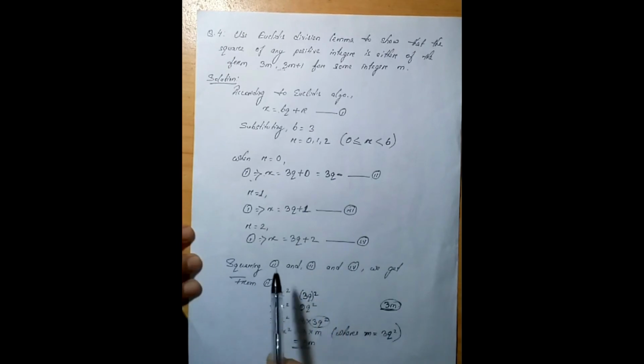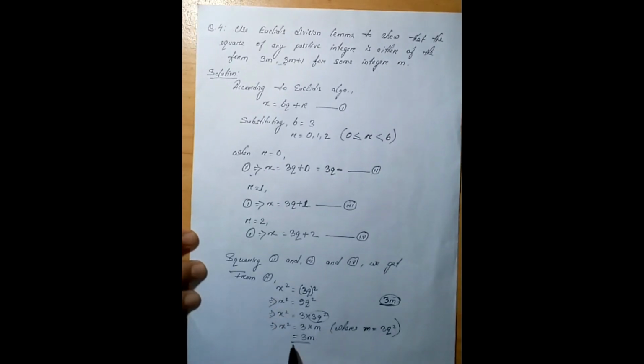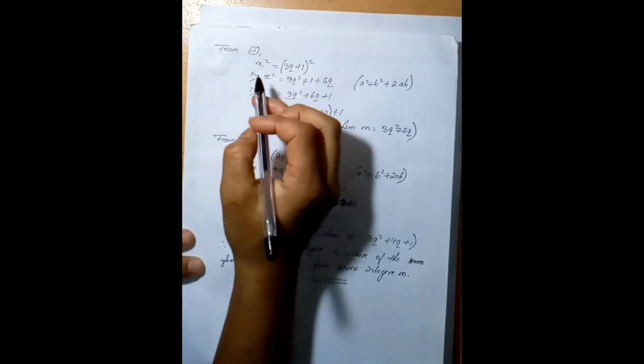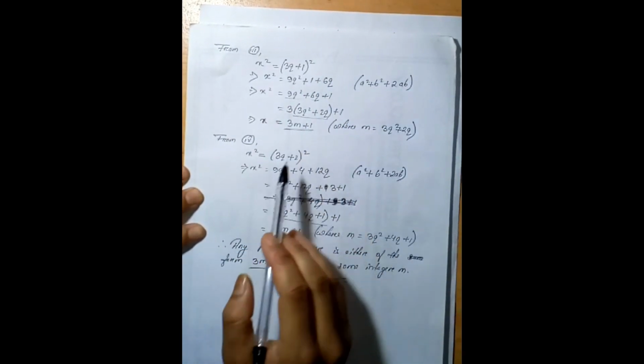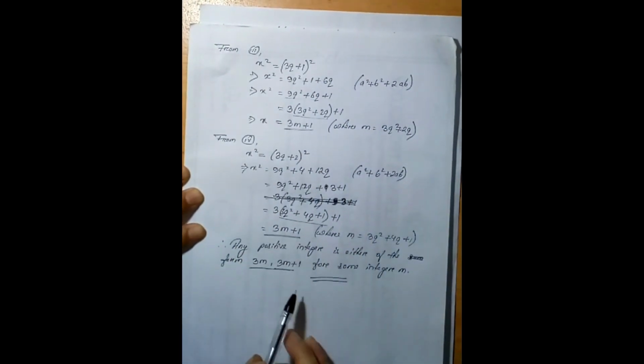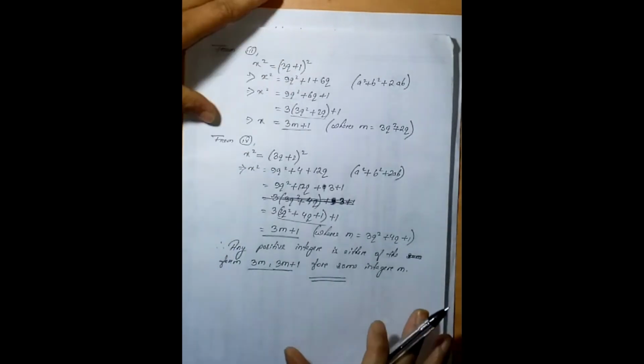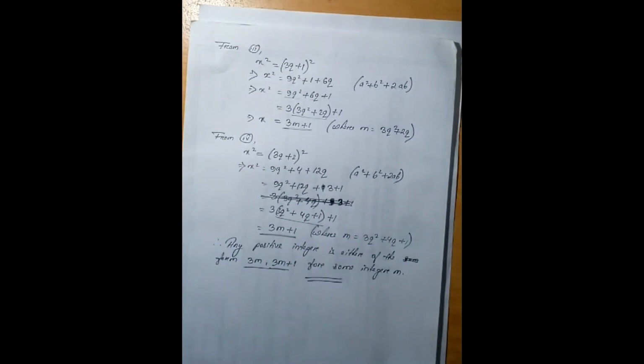Now squaring all the equations separately, we have got for the first equation 3m, for the second equation 3m plus 1, and for the last one 3m plus 1. So any positive integer is either in the form of 3m or 3m plus 1 for some integer m. And this is the end of the exercise.